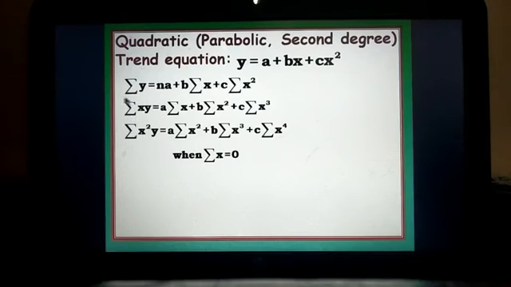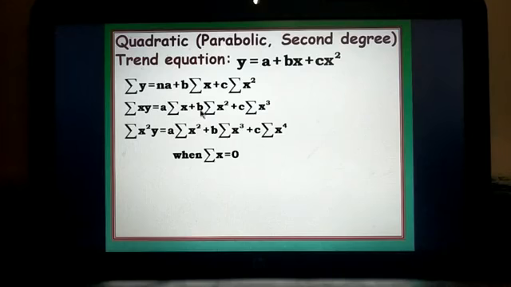So consider the second normal equation. Look at the cursor. Once summation of x is equal to 0, this term is equal to 0. Summation of x cube is equal to 0, so this term also is equal to 0. So now what remains? Summation of xy is equal to b summation of x square.